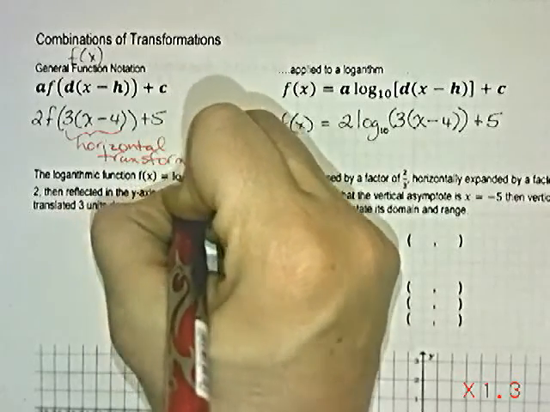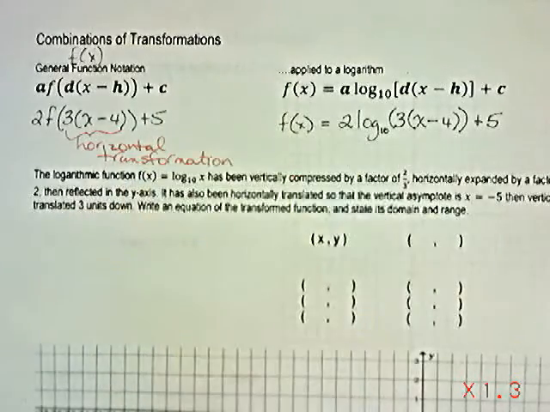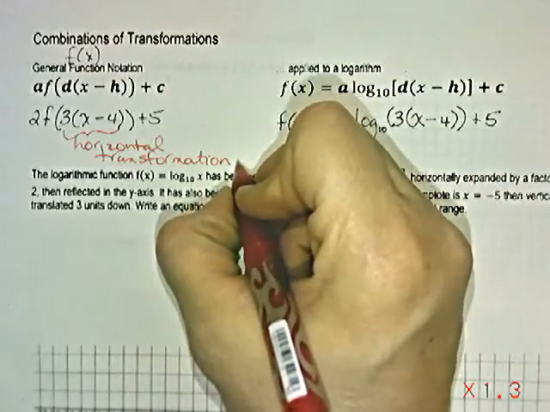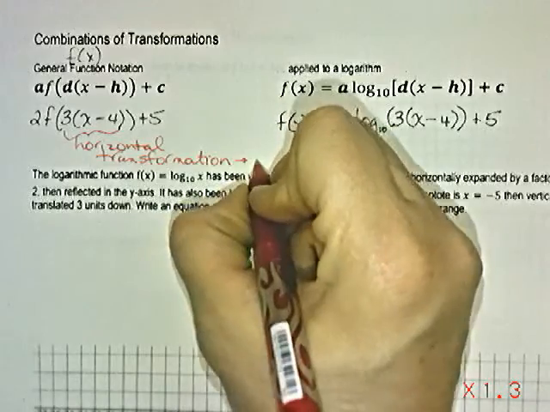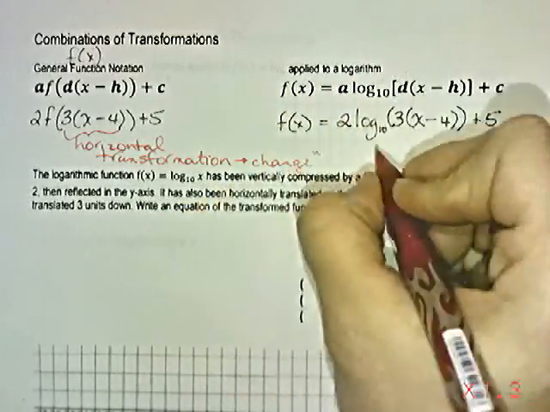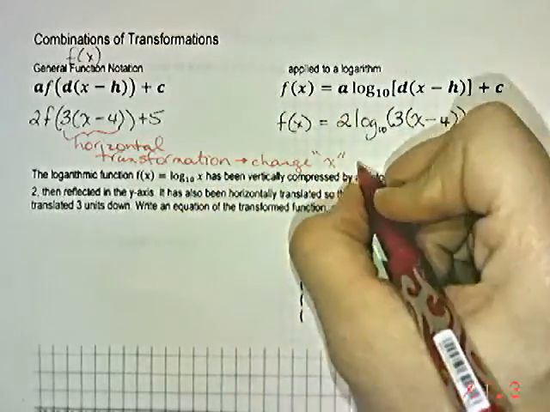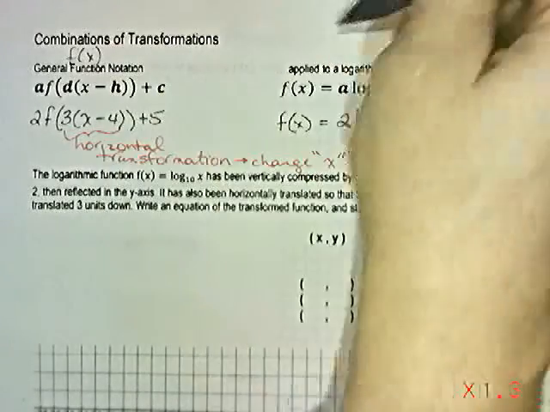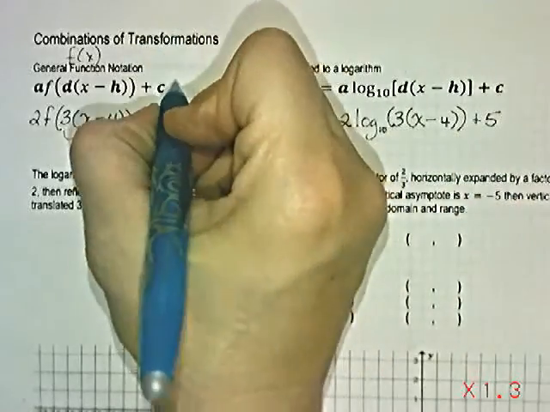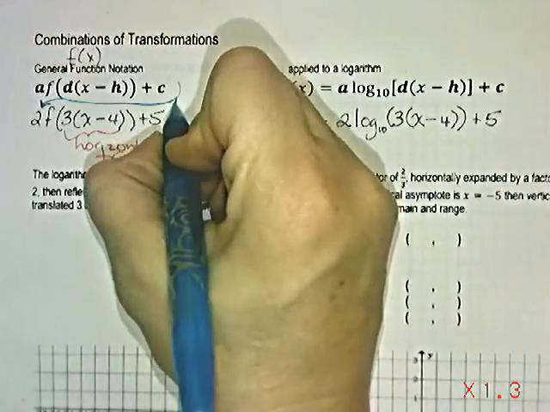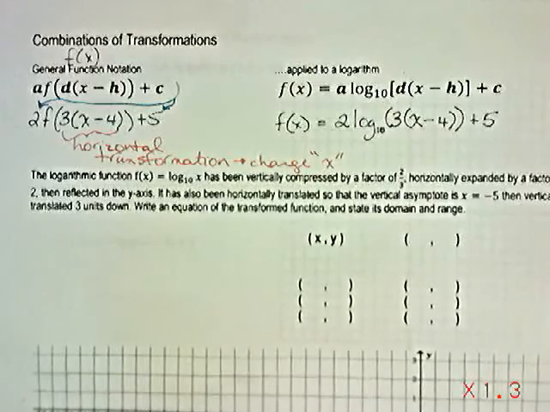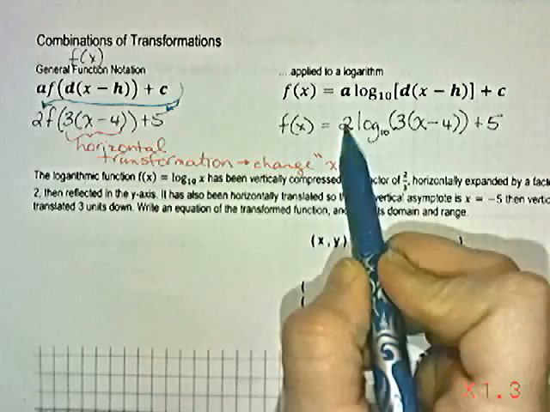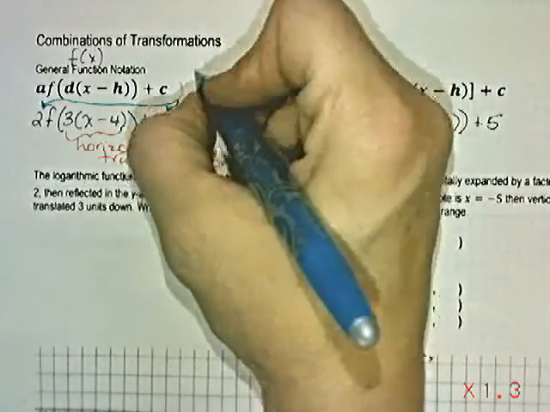And our horizontal coordinate for any function is our x coordinate. And so these change the x, the horizontal distance of your curve. When we are talking about putting numbers in front as a multiplication factor or after our function, so outside of our logarithmic function, it would be this multiplication of 2 out front or this addition of 5 out back.